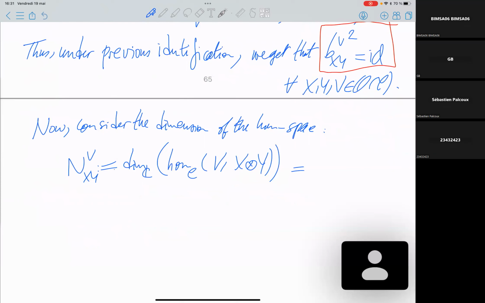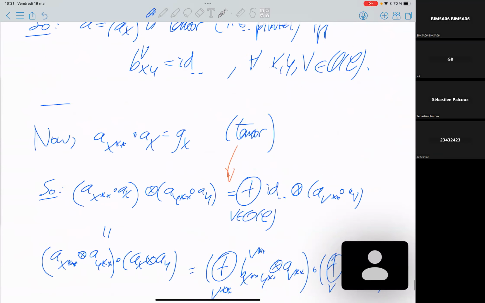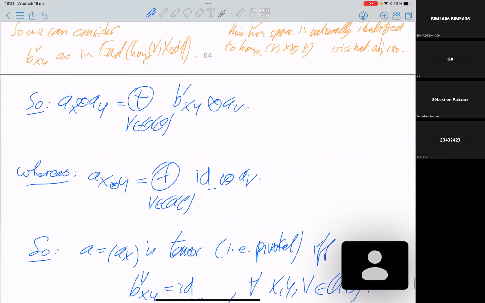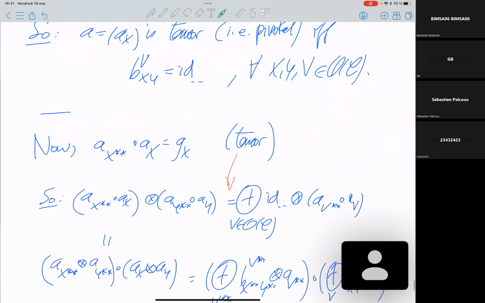which is the trace of the identity of its Hom space, and it's an integer, and consider the trace of the matrix B_{XYV}. So T_{XYV} to be the trace of the matrix B_{XYV}, coming from the decomposition here. Okay.